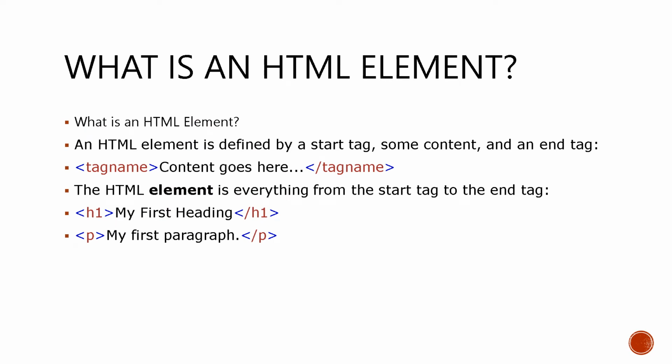What is an HTML element? It was the most asked question in the interviews. And how can we define an HTML element? An HTML element is defined by a start tag, some content, and an end tag. For example, see this here.